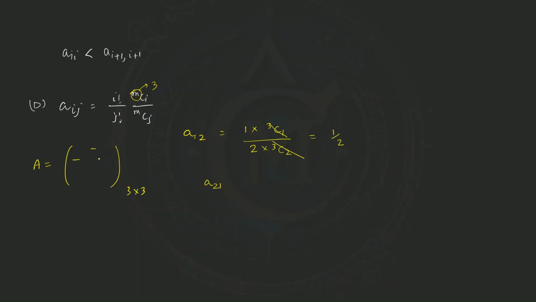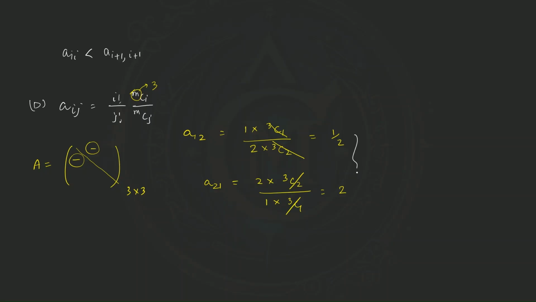Now let us calculate the element which is the mirror image about the principal diagonal. A21 will be 2 into 3c2 divided by 1 into 3c1, which is equal to 2. But if A was a symmetric matrix, this A21 would have been the same as A12.